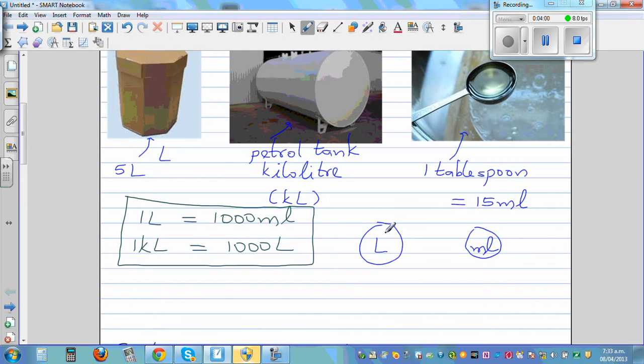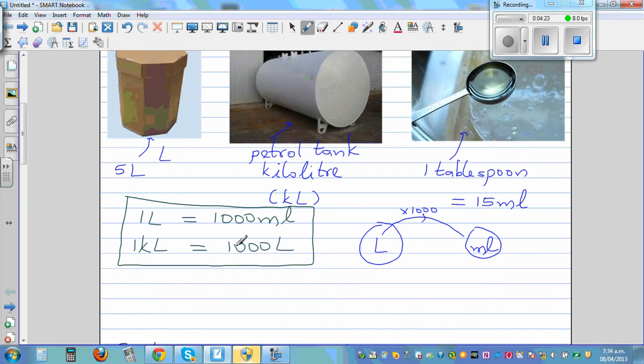From liters to milliliters, the unit is smaller, but the number is going to get bigger. So you have to times it by 1000. 1 liter is 1000 milliliters. 1000 is how many times of 1? That's 1000 times.